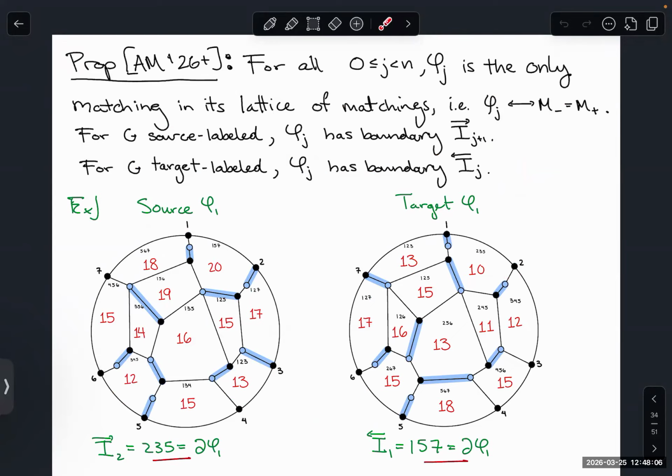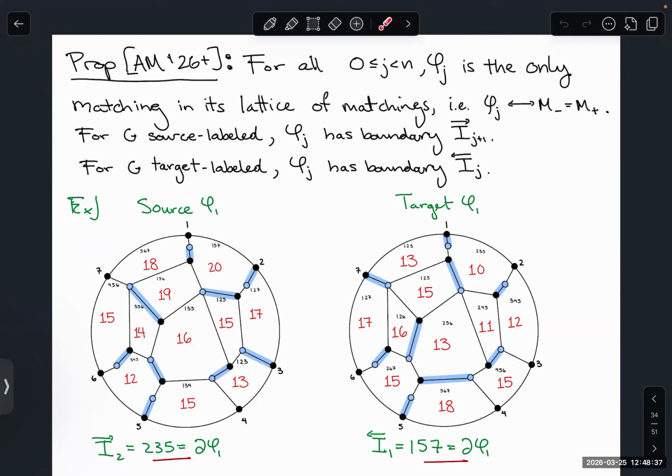That means the matching corresponding to phi j is both the minimal and the maximal element. It's a unique thing with the boundary condition it has. When we label G with source labeling, the boundary condition is coming from the j plus 1th term of the Grassmann necklace. For target labeling, phi j gets the boundary condition coming from the jth term of the reverse Grassmann necklace.